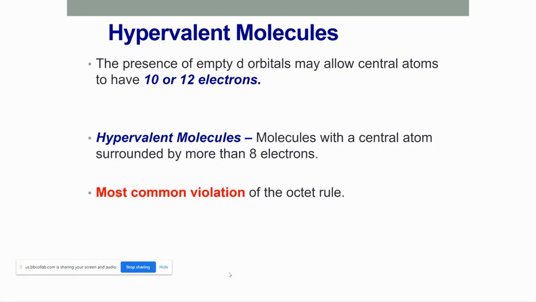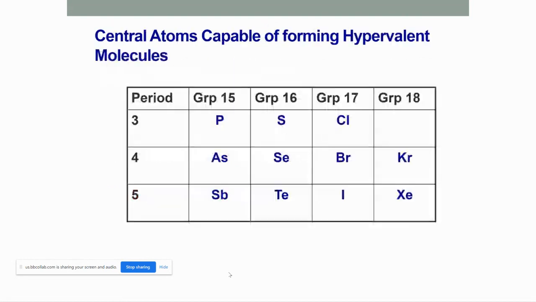The reason for it is that these atoms have empty d orbitals. Think about when we drew the electronic configuration: we had s orbital, p orbital, d orbitals. These atoms have empty d orbitals, and that's why they can accommodate 10 or 12 electrons and violate the octet rule.